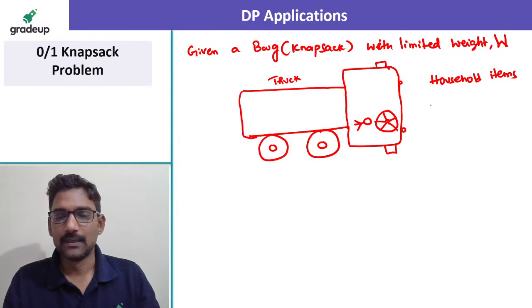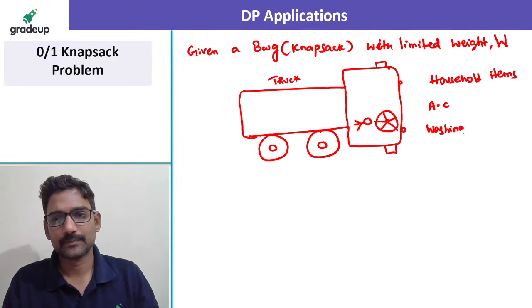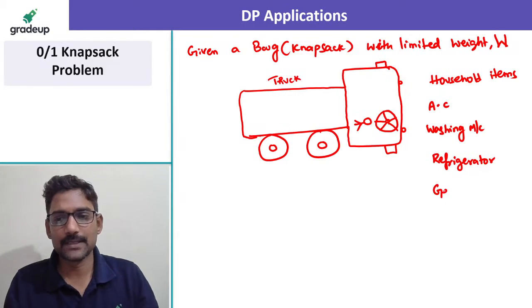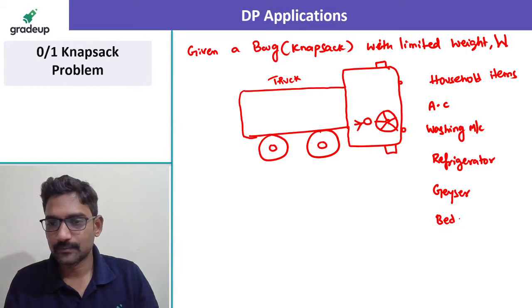For example, AC is there, washing machine is there, refrigerator is there, geyser is there, let's say bed is there, cot is there.